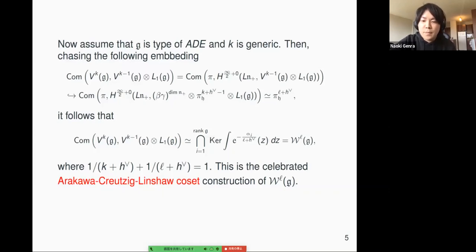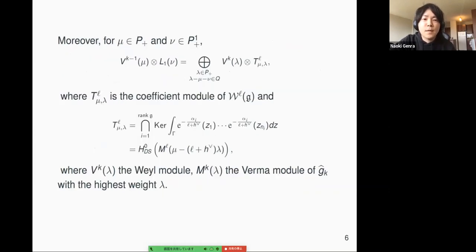Also, motivated by this coset construction, we consider the module side. Now we consider a module of V^k(g), written as V^{k-1}(mu) tensor L_1(u). This decomposes into a diagonal coset of V^k(lambda) with coefficient T_L(mu, lambda). But now we know that it is a module of a W-algebra.